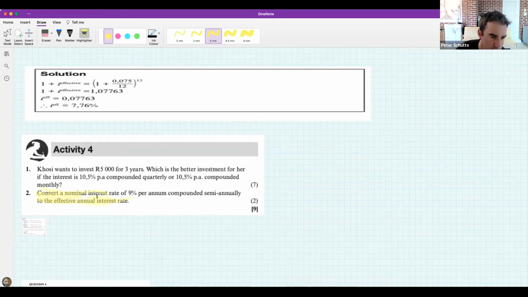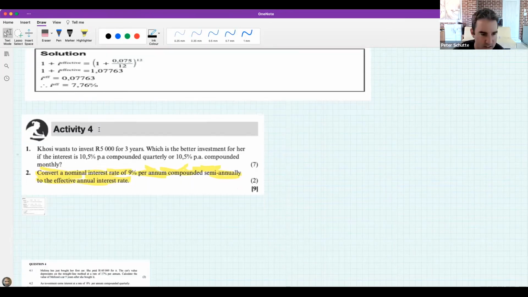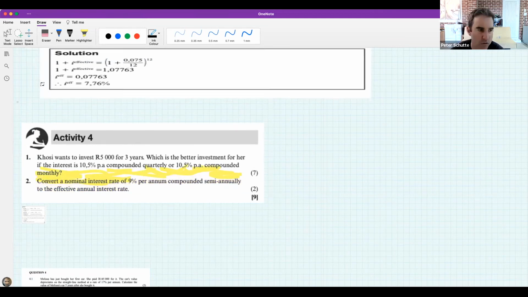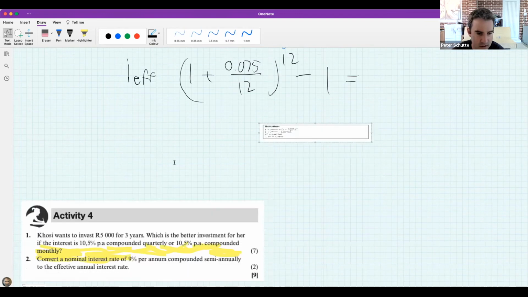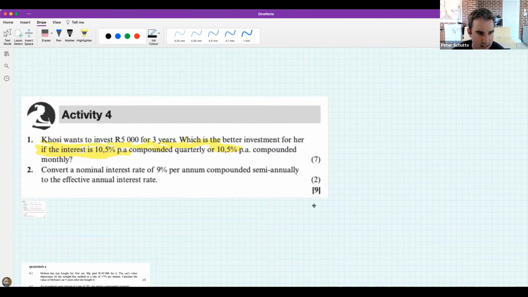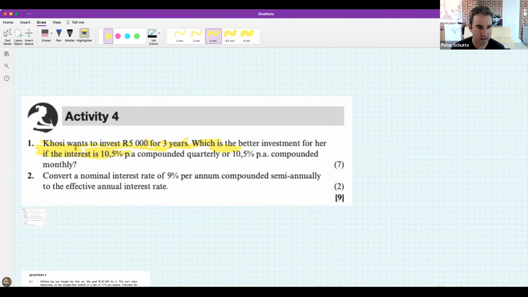I want you to do the one I'm currently coloring in. And using the idea that we had earlier, can you find me the effective interest rate?